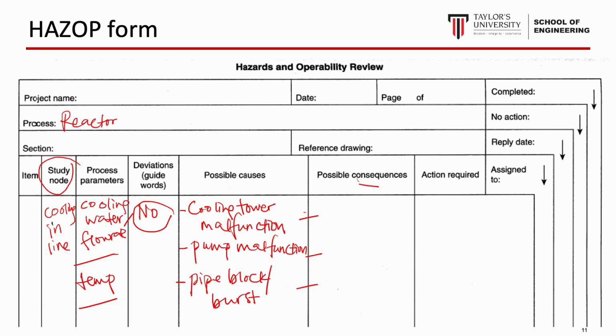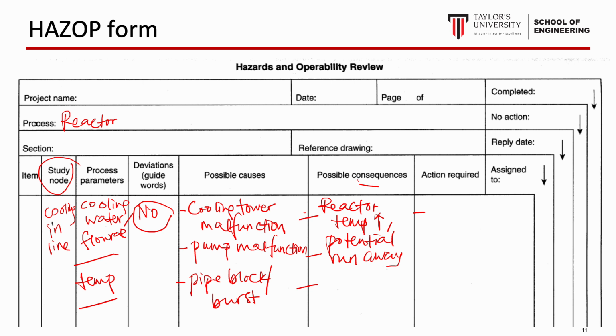One is the no water flow rates of your cooling water into your reactor. Then what do you need to take? What actions do you want to take? So consequences of no cooling water: your reactor's temperature increases and there is potential burst, potential runaway system, because you cannot cool down the system.